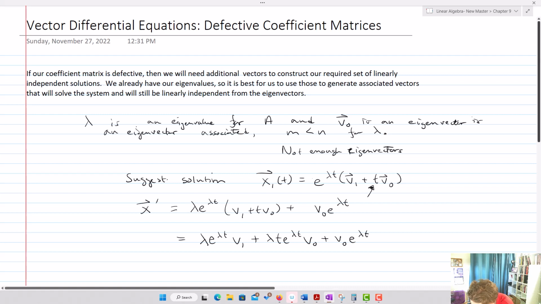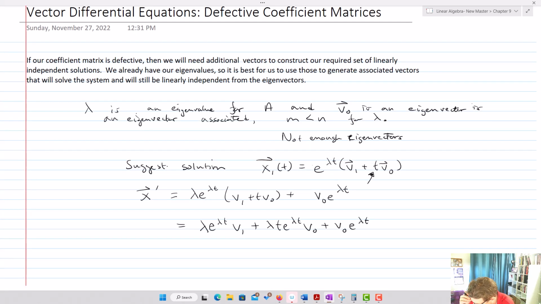Now I'm going to separate out my t's and my non-t's. This gives me e to the lambda t times (lambda v1 plus v naught), plus t e to the lambda t lambda v naught.